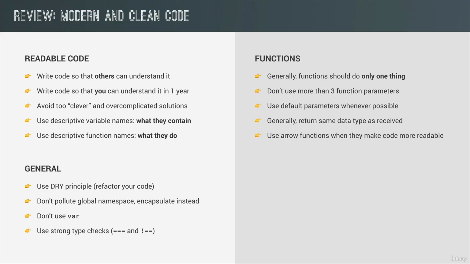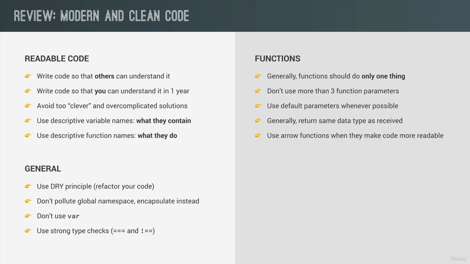So for example, if you receive 2 or 3 numbers as an input to a function, then probably you will want to return a number as well. That makes more sense for when you use the function later. And again, this is a rule that you can of course break, but it's good to keep this one in mind.